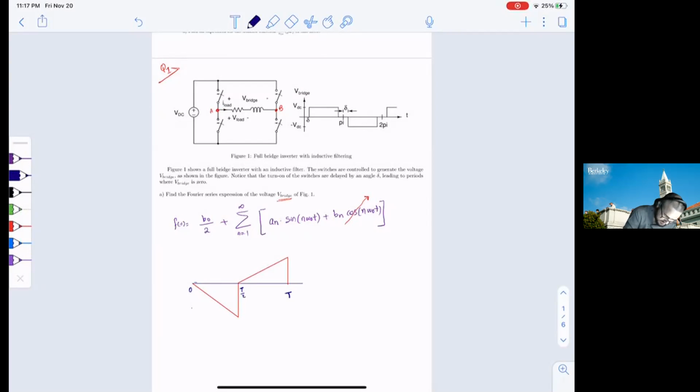That means if a function is half-wave symmetric, f of t is equal to minus f of t minus T over 2.